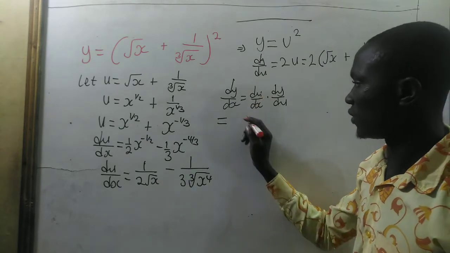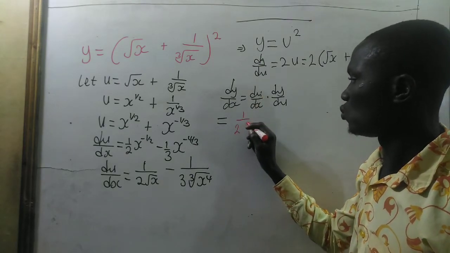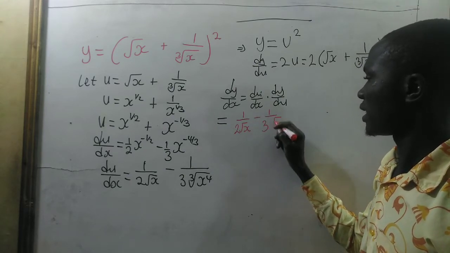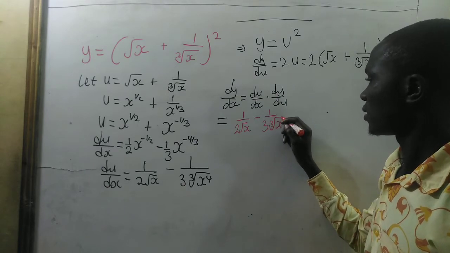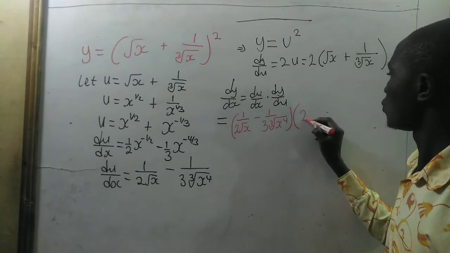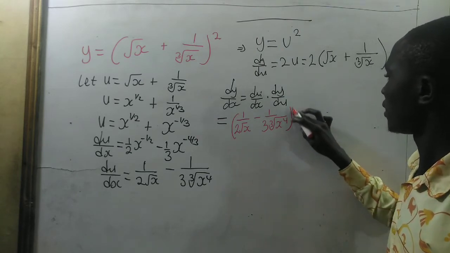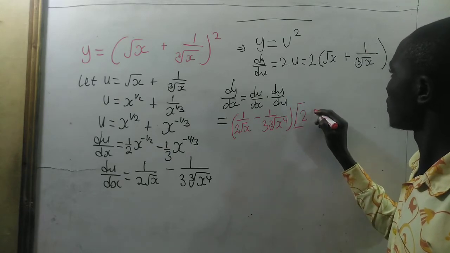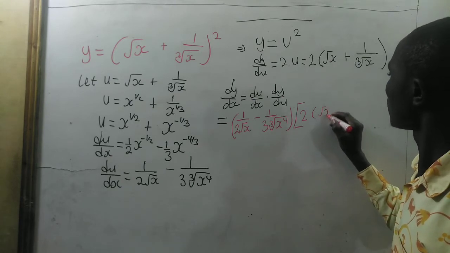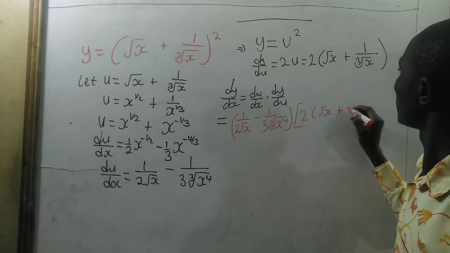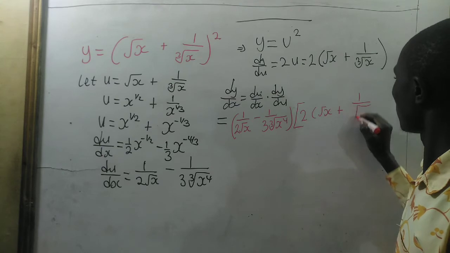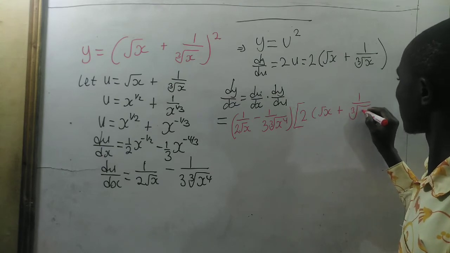Du on dx is what we have here, 1 divided by 2 root x minus 1 divided by 3 times the cube root of x to the power 4, times 2. Okay, let me do this one. And then we have root x plus 1 divided by 3, the cube root of x.